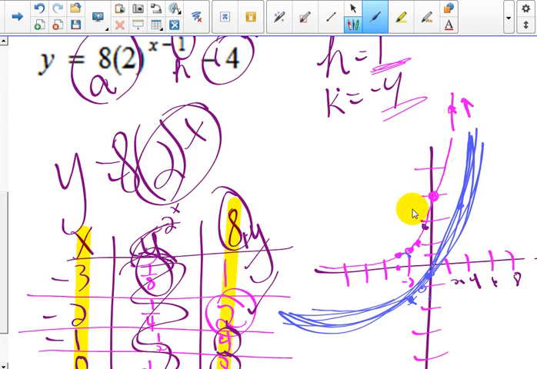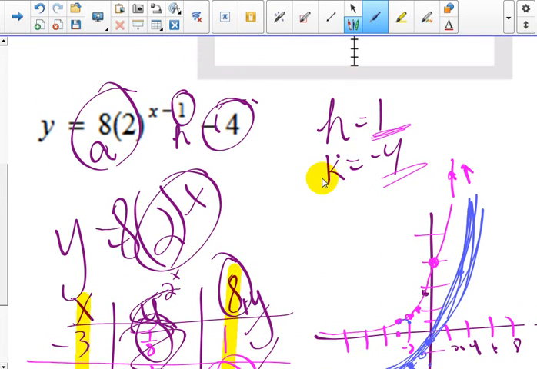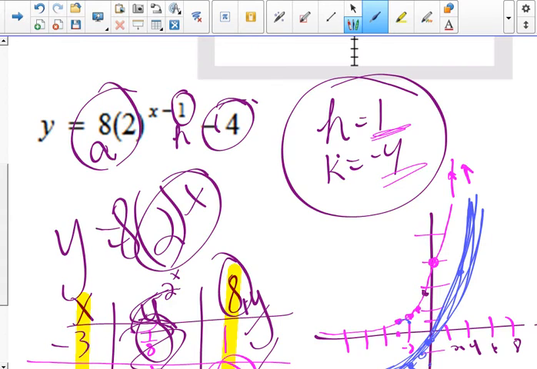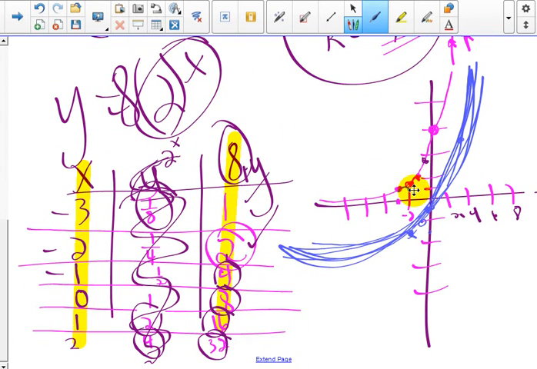Now you're going to take each one of these points and apply your horizontal and vertical movement. So you're going to go to the right 1 and down 4. So take each one of these pink points and go over 1 and down 4. So when we do, we get this point, this point, this point, this point, this point, and then that's enough to make you see, oh yeah, this is going like this.